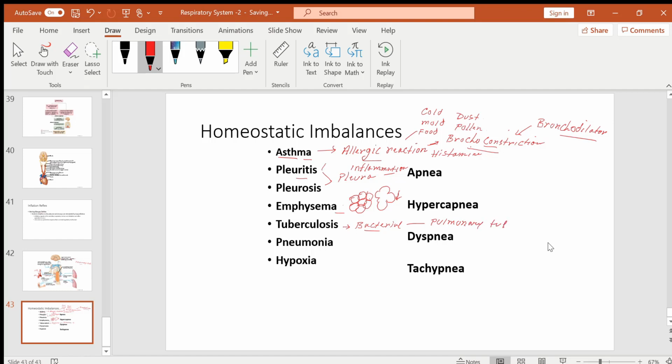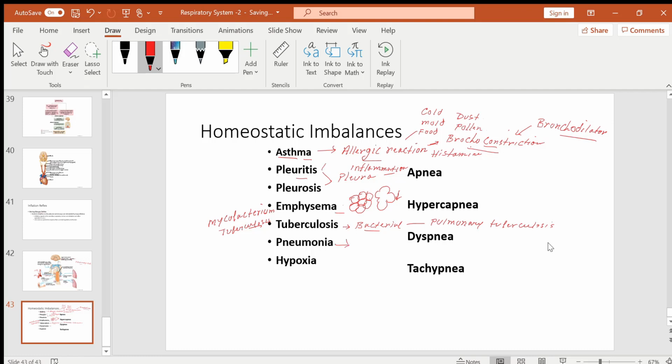You hear this a lot. And the name of this bacteria is Mycobacterium tuberculosis.